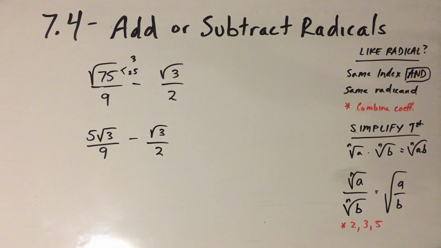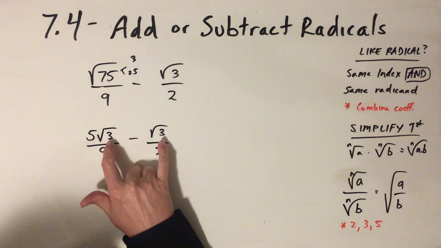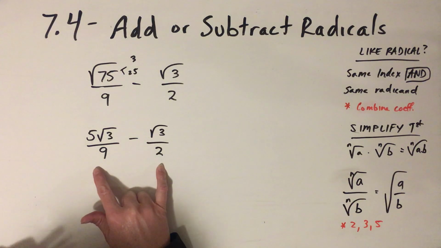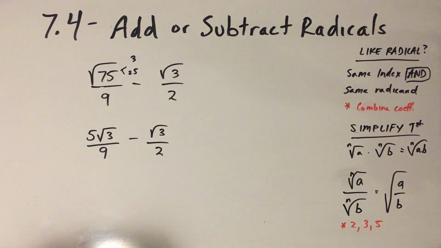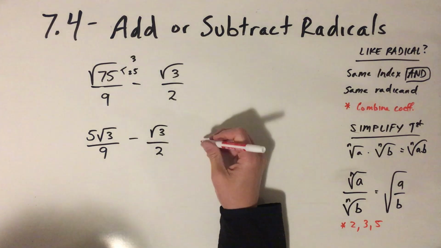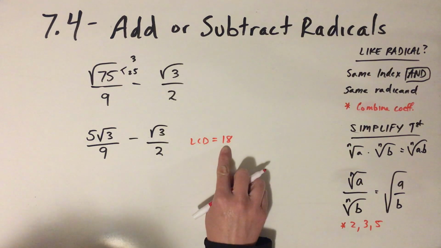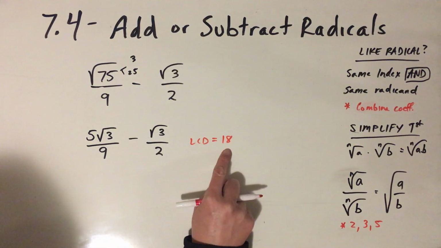Now if I want to combine these, not only do they have a fraction, but they have radicals. So this radicand is the same, 3, and so is the index, which is 2. But I can't add or subtract these fractions without them having the same denominator. So I actually have to find an LCD here. And in this case, the LCD is 18. 18 is the smallest number that both 9 and 2 go into.